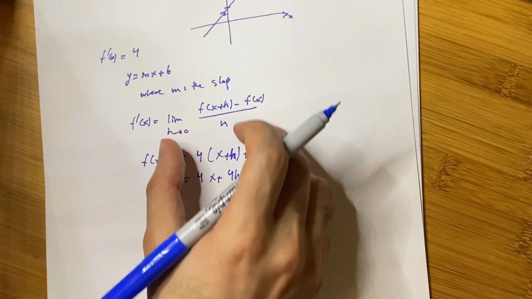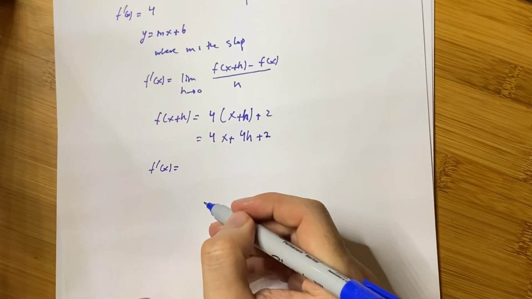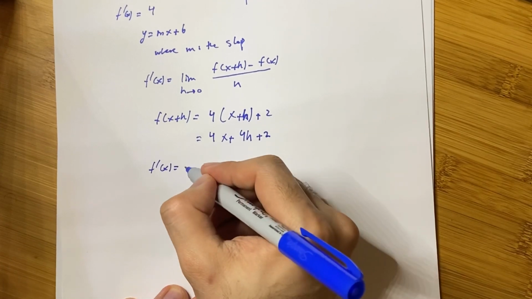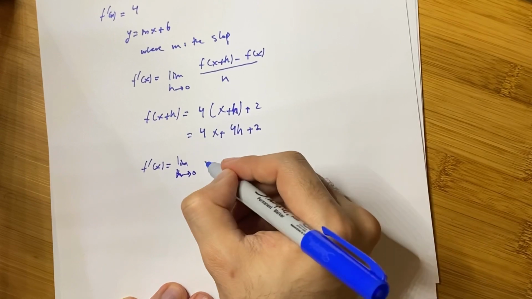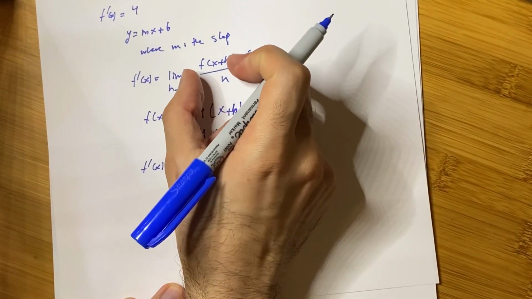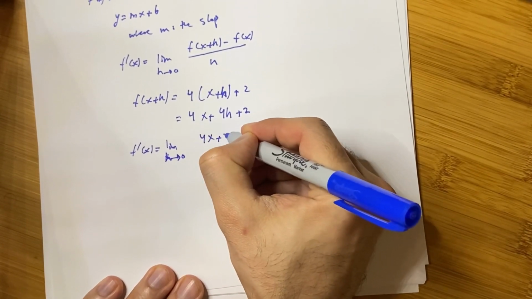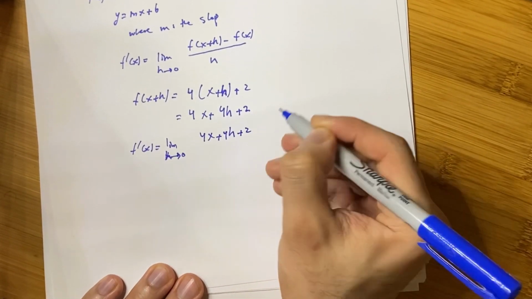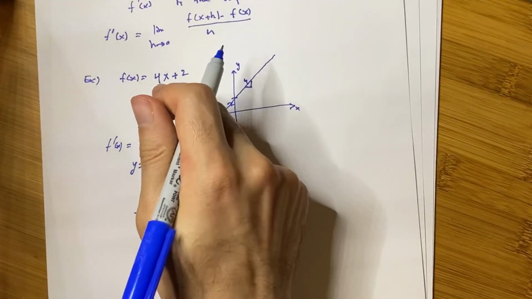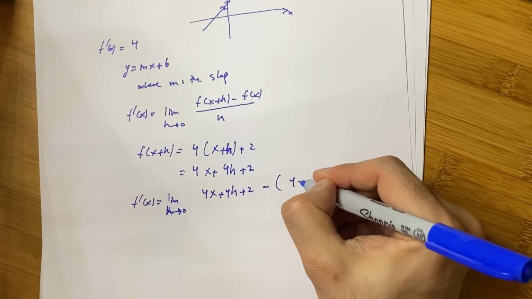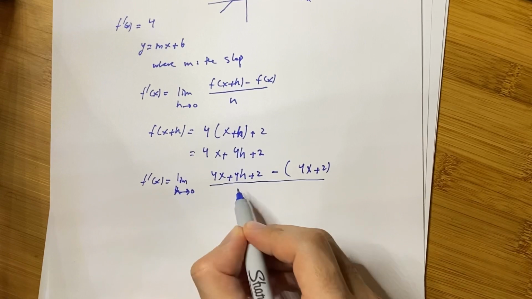Now, let's take this formula. f prime of x is equal to the limit as h goes to 0, and then we will substitute this term in here, which is 4x plus 4h plus 2, and then minus our function in here, 4x plus 2, and then over h.